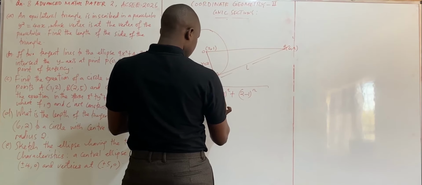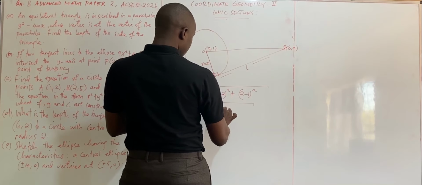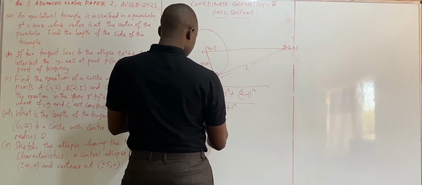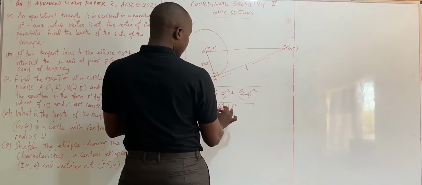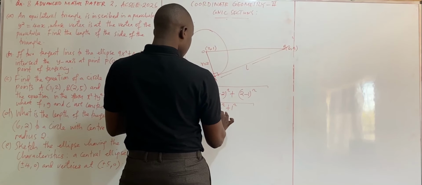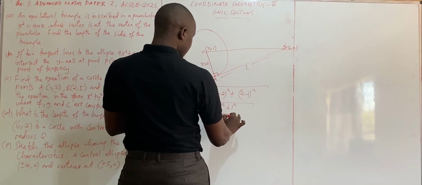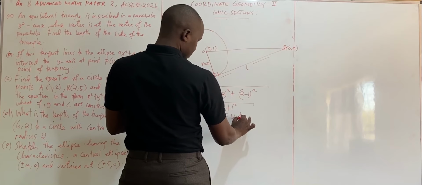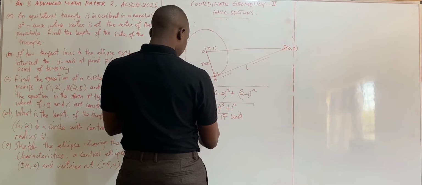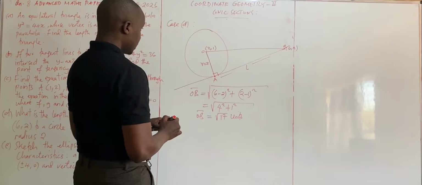So here we end up getting 4 squared plus 1 squared, so it will be 16 plus 1. So we get the radical of 17 units. So that will be the length of OB.